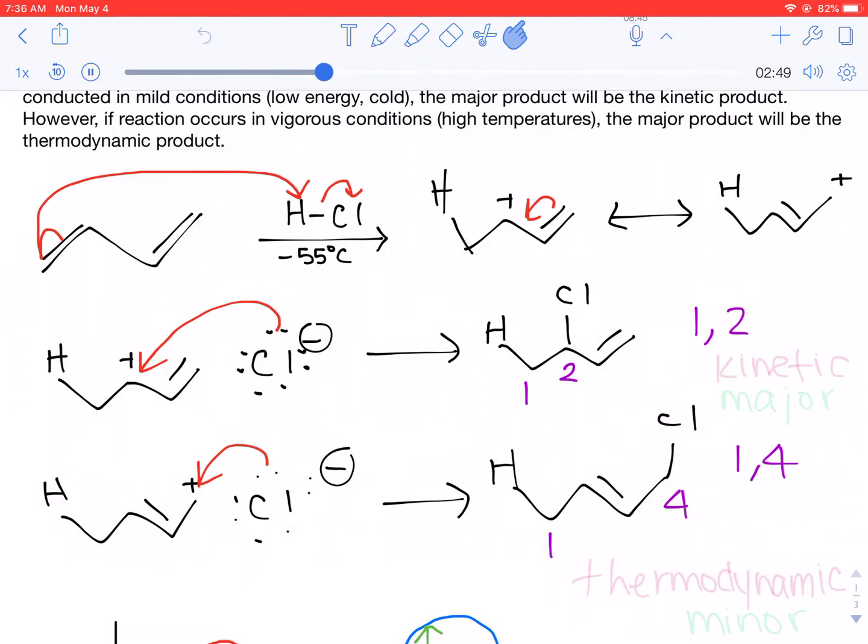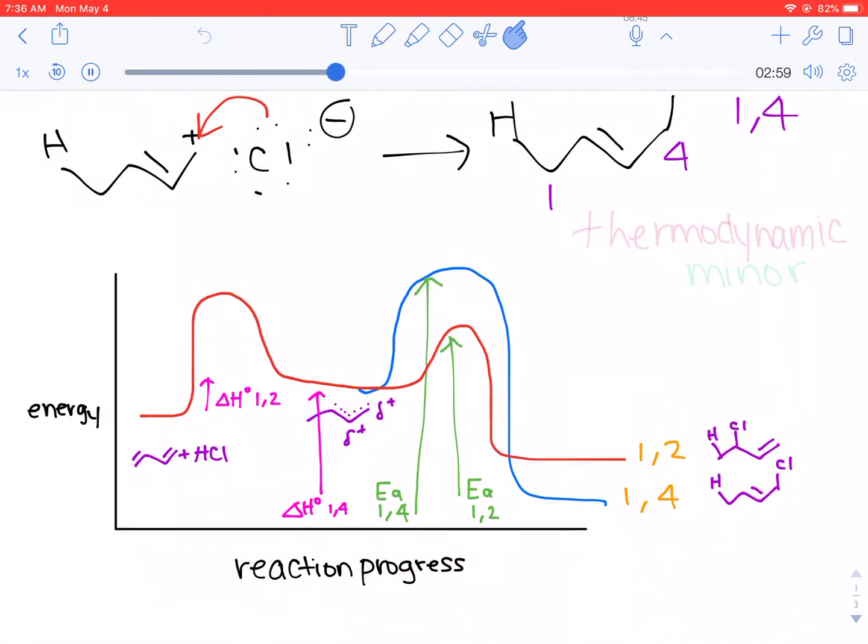The next step will be to figure out the thermodynamic and the kinetic product, as well as the major and the minor product. If we look at the energy diagram for the formation of both of these molecules, we can see that the activation energy is the same initially until the first carbocation is formed.